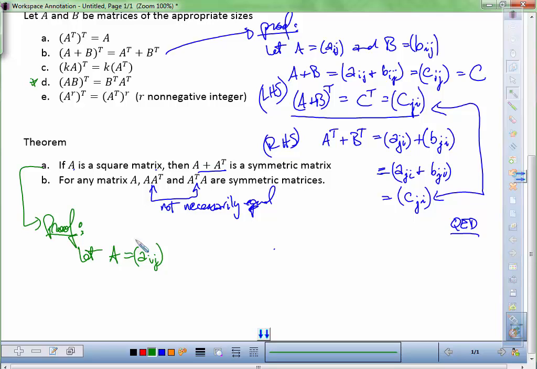If A is an n by n matrix, then the transpose is also n by n, so that way you can make sure that you can add them. So we can say let A be equal to this, and it's a square matrix.